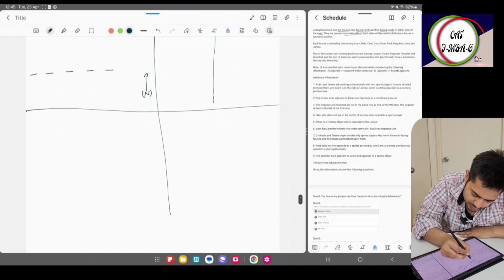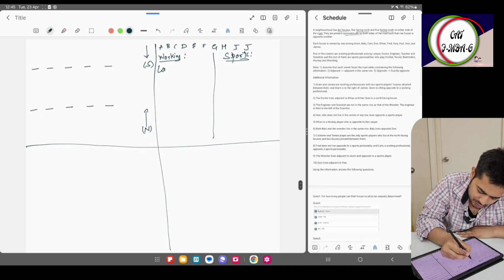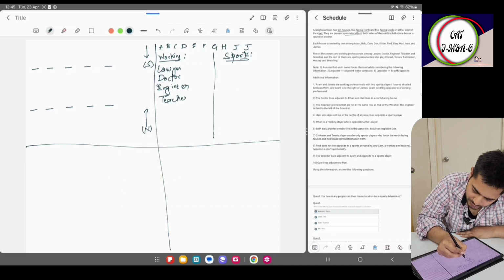So working professionals are lawyer, doctor, engineer, teacher and scientist. Okay.